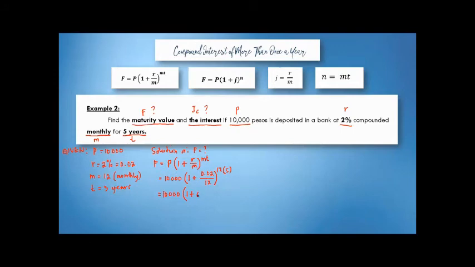So, sulat natin 0.00166667, rounded off na yung panghuli, 7. Then raised to 60 kasi 12 times 5 is 60.